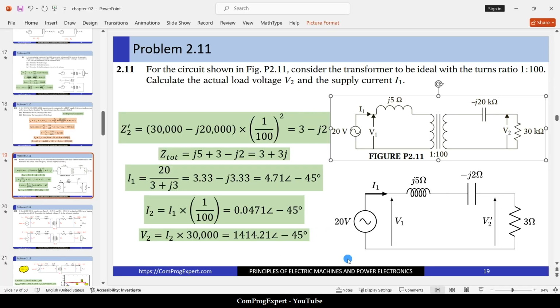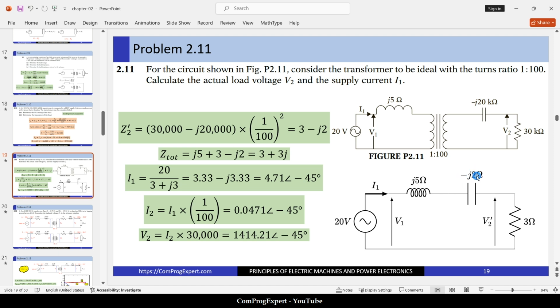This is the circuit. In this case, we have this voltage source, the I1, right? The current of the voltage source. This is the reactance here. This is in the primary side, right? Without change, we have it here. And here are two transferred elements, right? Referred from the secondary to the primary.